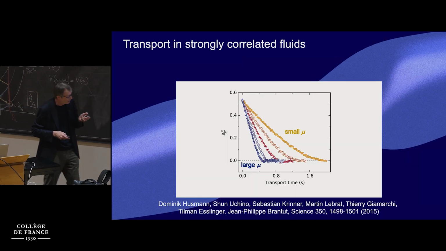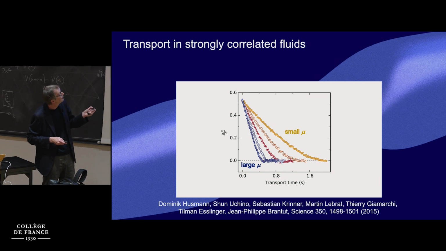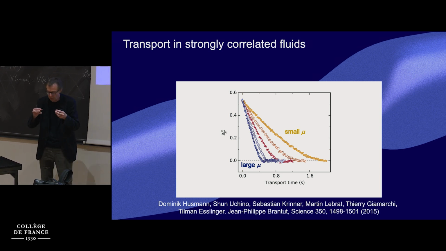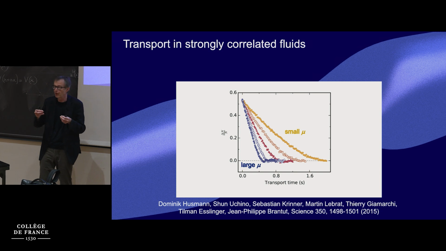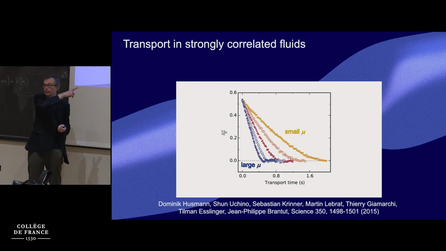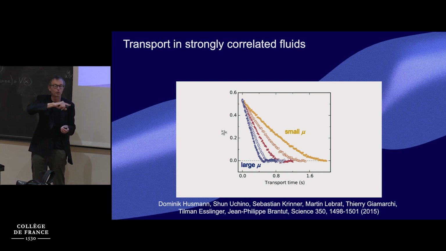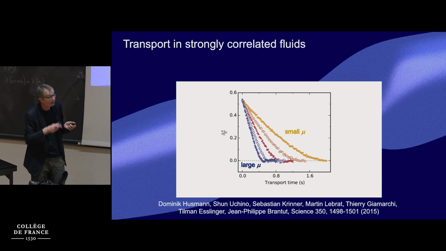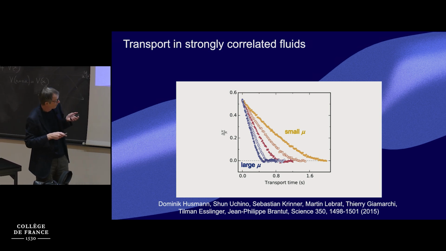And there we see delta n over n as a function of transport time. There you see clear nonlinearity. And so you have a superfluid on the left, superfluid on the right, and then you see this nonlinearity. I mean, our expectation was, of course, that we should see Josephson oscillations, but that's not what we saw. But I will come to that.